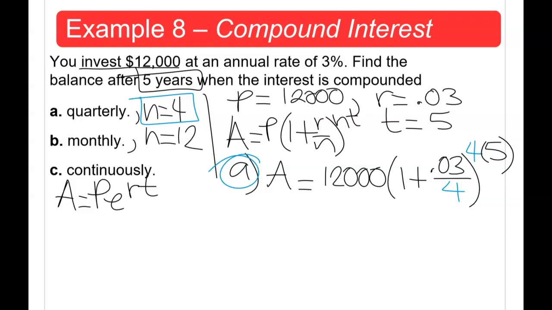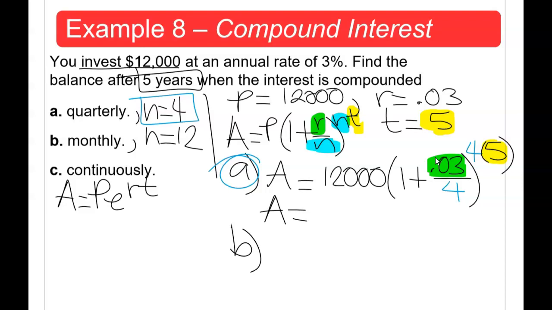There we go. So that's where t goes, and here is where n goes, and here is where r goes. Okay, then let's do our substitution for part B, and then we'll get all the answers.